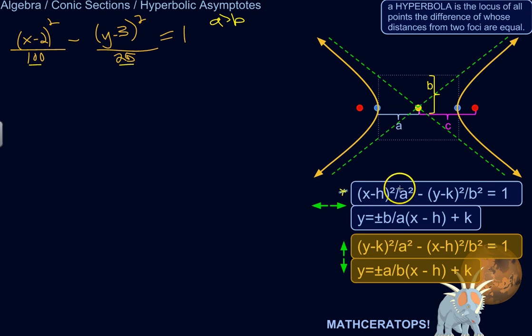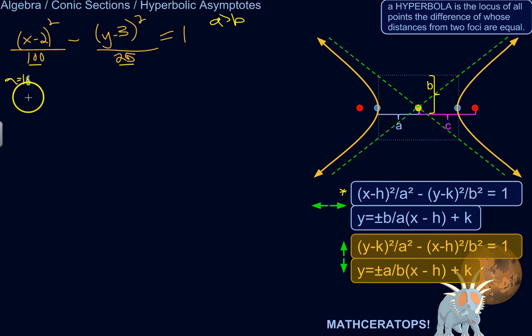The (x minus h) squared over a squared minus (y minus k) squared over b squared equals 1. So what we need is a and b. What we've got is a squared and b squared. So let's find what a and b are. If a squared is 100, then a is 10.